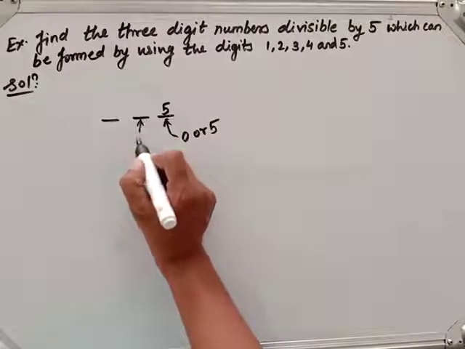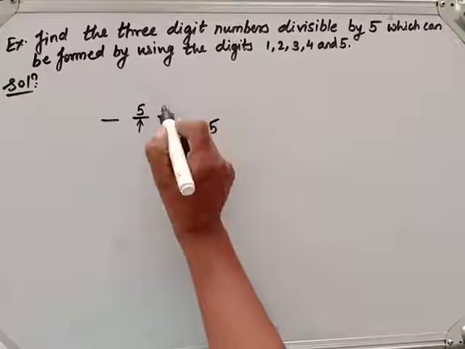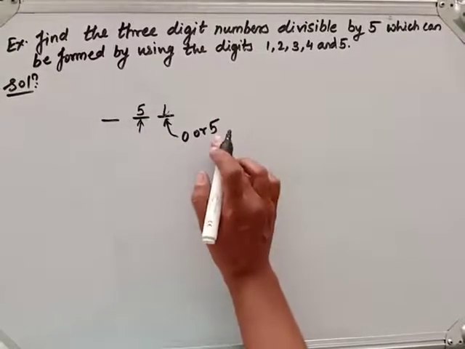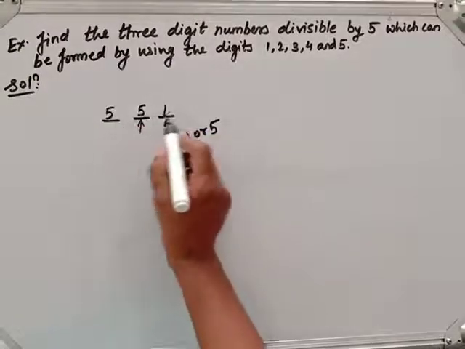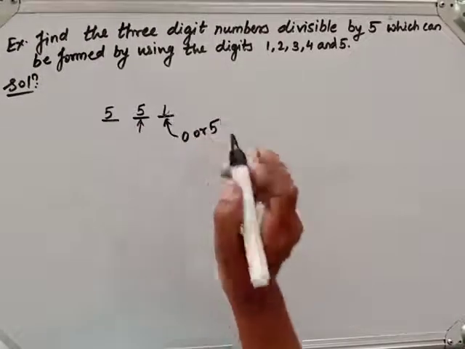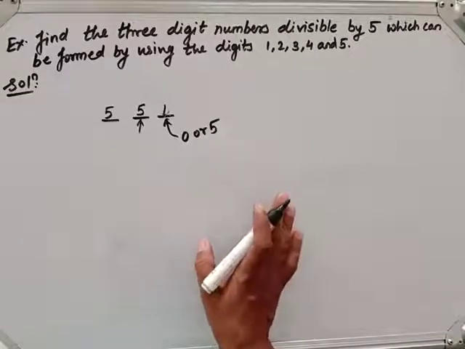So this place can be filled by 5 choices. Here this place can be filled by only one choice, 5 is the only one. This place will be filled by 5 choices. And again all 3 digits should be filled, so again we have to use the product rule.